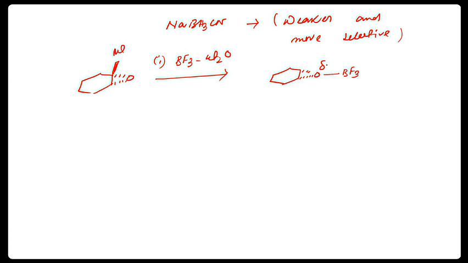BF3, this is delta minus, delta plus now, delta minus. As this H-H bond is less polarized, it acts as quite a nucleophile here. This bond has quite a nucleophilic nature.